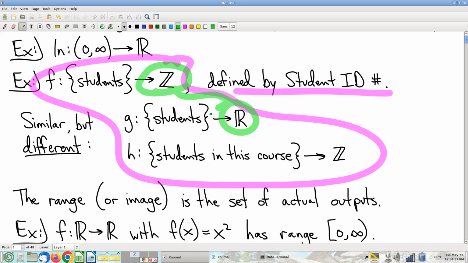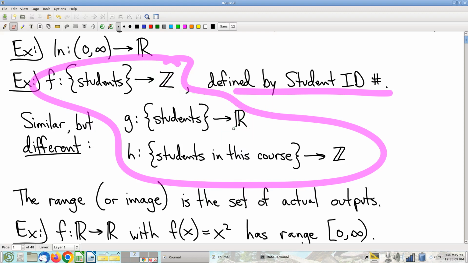As long as all the outputs land in your target, cool. So, yes, every student ID number is an integer, sure. But it is also fair to say that every student ID number is a real number. You might say that's unnecessarily large to be the target. There is no such rule. It can be as large as you want it to be. It just has to be large enough that all the outputs land in it.